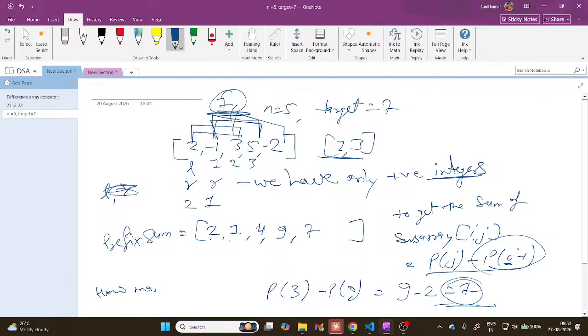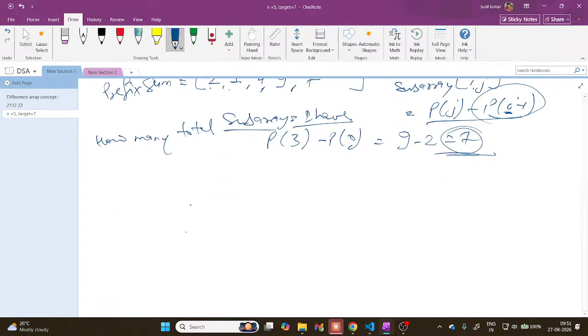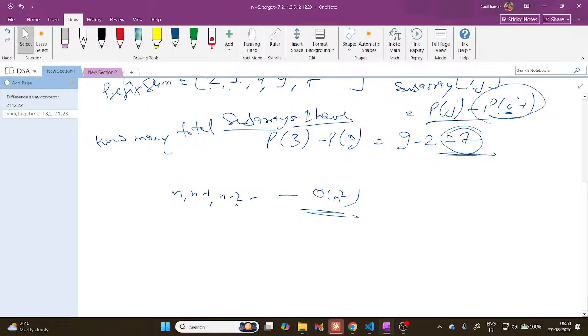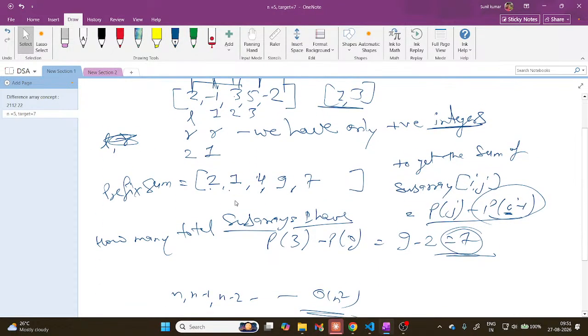How many total subarrays do I have? There is no fixed size, so I can have n subarrays, n minus 1, n minus 2. Order of n square subarrays possibly.